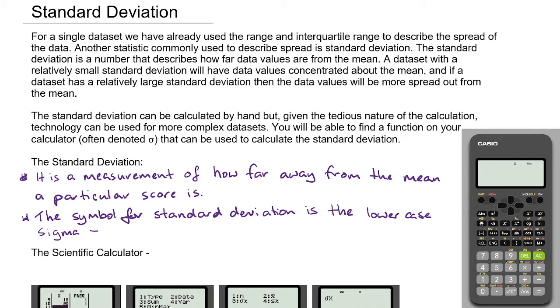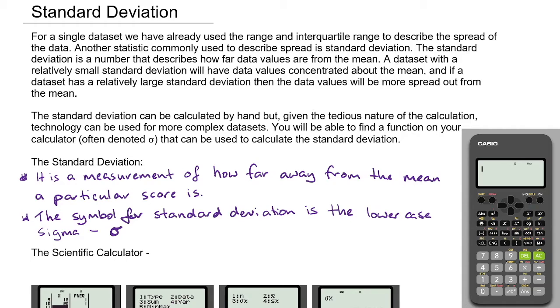Now the uppercase sigma is the big E looking thing. The lowercase sigma is a little bit harder to draw, but it essentially looks like that. And it talks about how far away from the mean we are. So that is standard deviation in a nutshell.